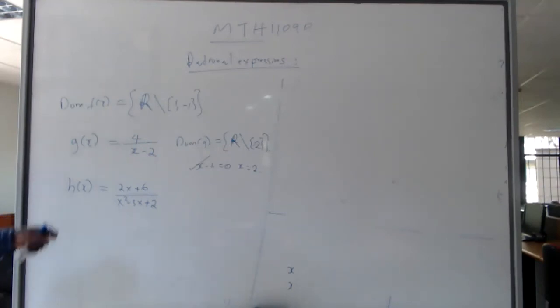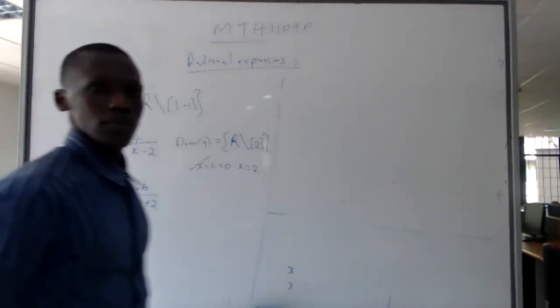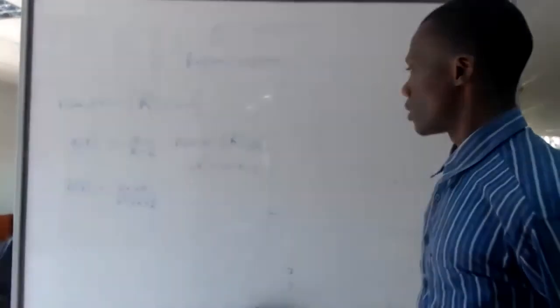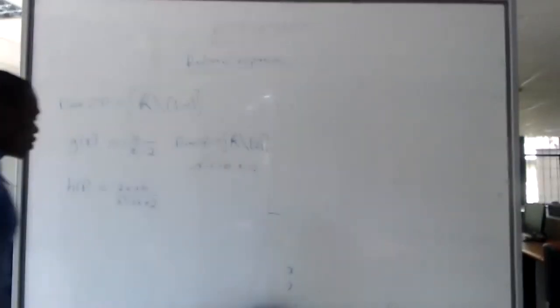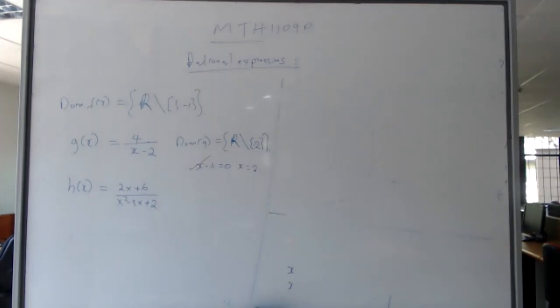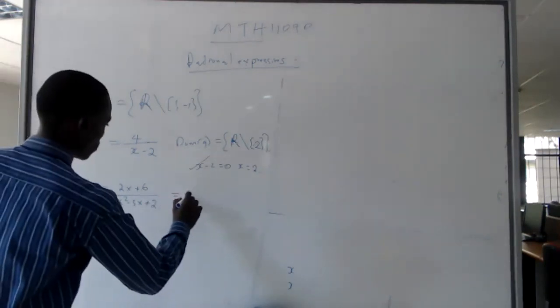How about h of x? All the real numbers except 2 and 1. Why? If you set x squared minus 3x plus 2 equal to 0, you'll find 2 and 1 as possible answers for x. I don't know if I made a mistake, but that's what I found. Okay, so you are right.